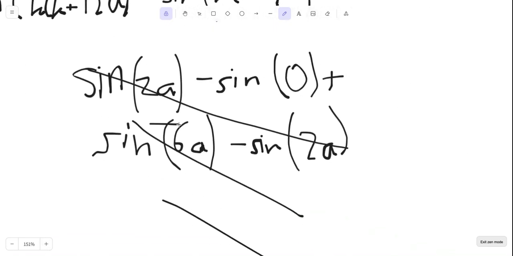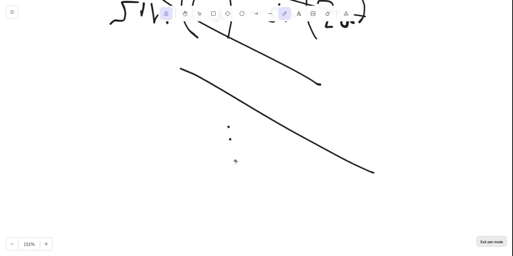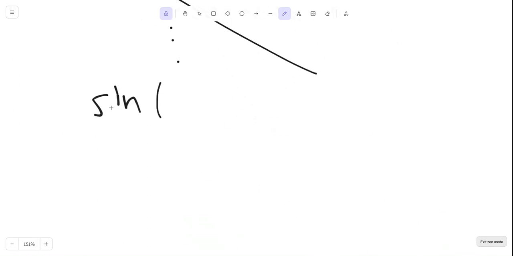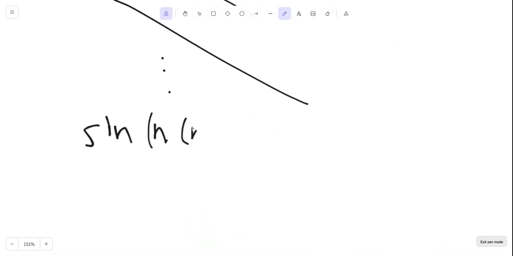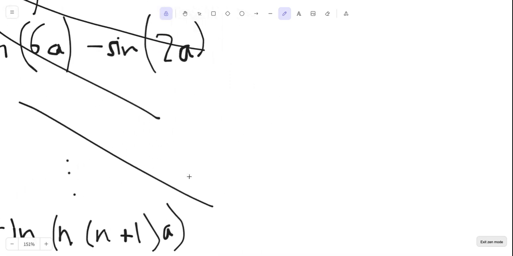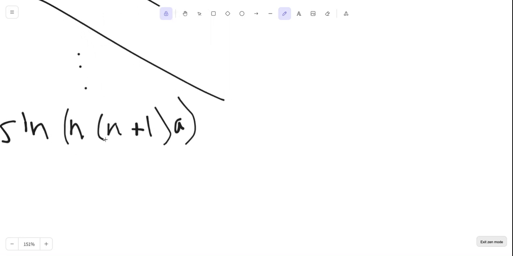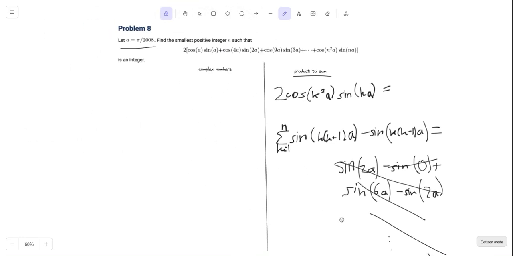When we're done canceling, the first term of the last sum will remain, because it cancels this way, not that way. The remaining term is the first term of the sum on n, so it's sine of n times n plus 1 a. And sine of 0 is just 0, so it doesn't matter. This is our final simplified sum.